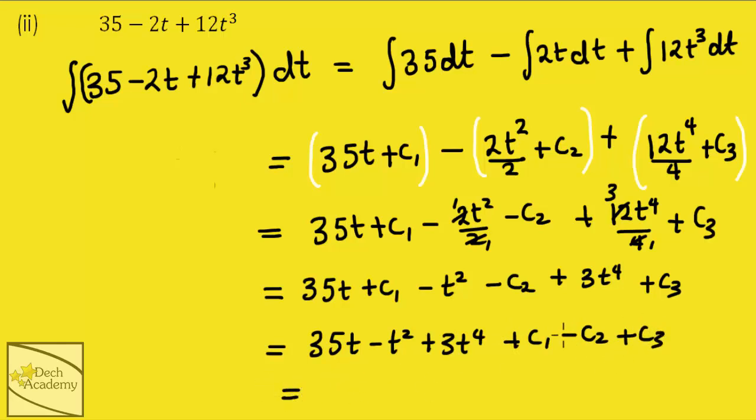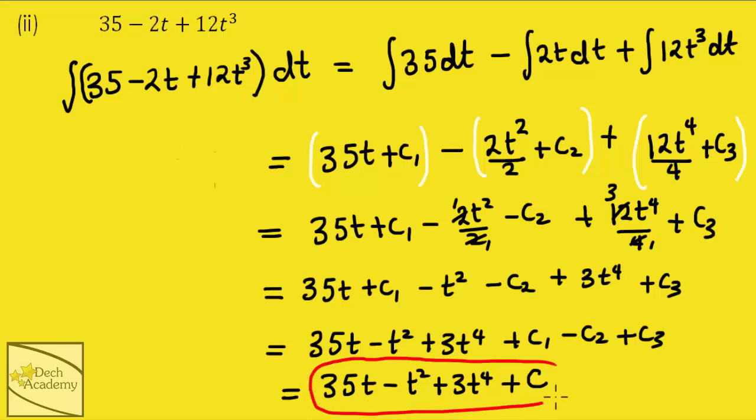And as you know, all the constants combine to give a single constant. So we have 35t minus t squared plus 3t to the power of 4 plus a single constant which I'm going to call c. So I'm saying c1 minus c2 plus c3 is c. And we're done. This is the indefinite integral of this expression here.